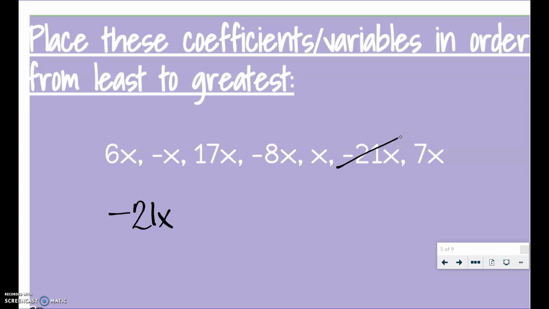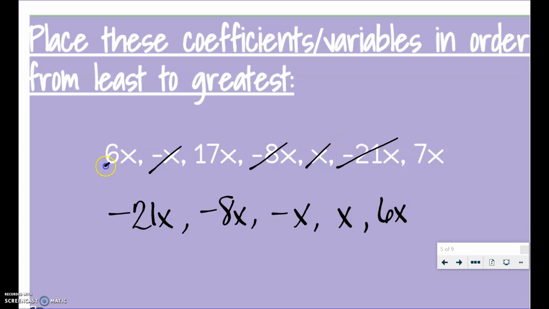Then the next smallest number would be negative 8x. Then you have negative x, and then we have x, 6x, 7x, and 17x.